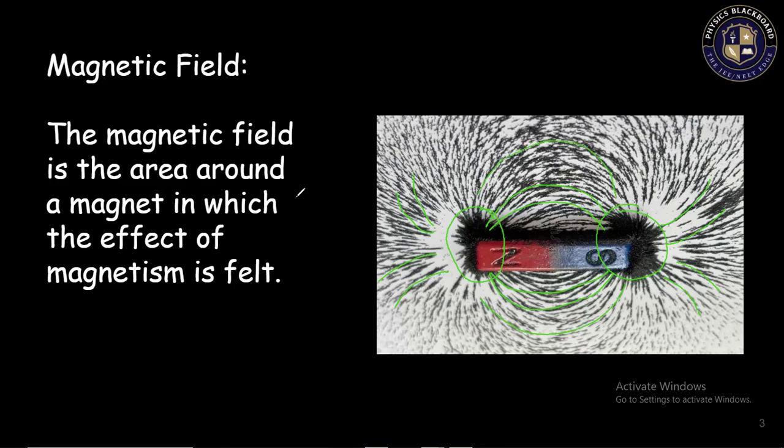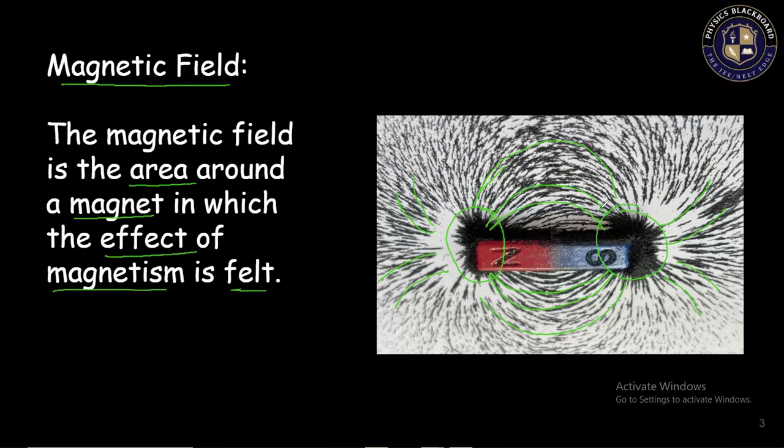This alignment depends upon the magnetic lines of force that act in the magnetic field surrounding the magnet. Magnetic lines of force are nothing but imaginary lines of magnetic force around the magnet in the magnetic field. Magnetic field is the area around the magnet in which the effect of magnetism is felt.